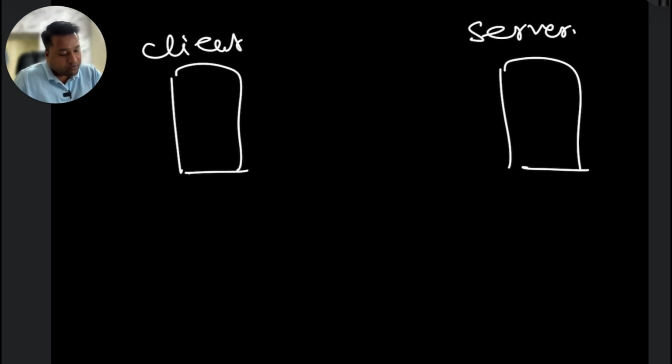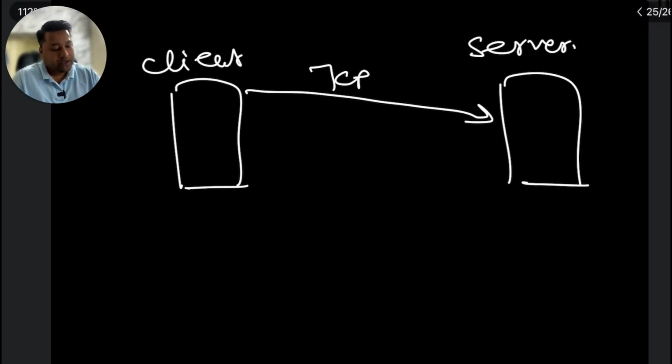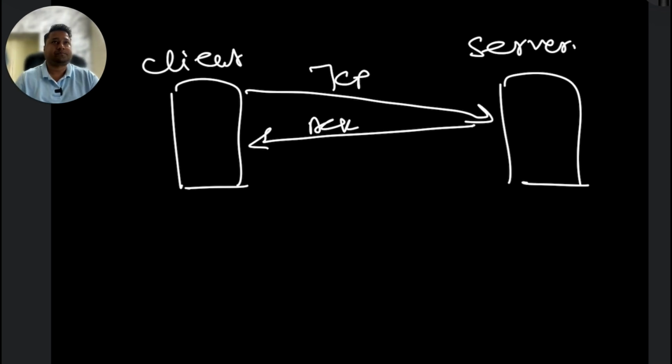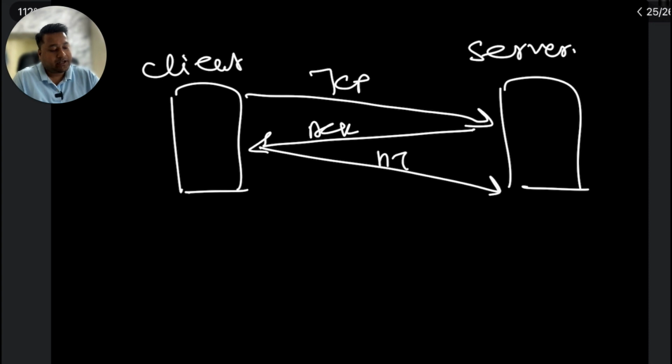The way it works is, the client first sends a TCP connection request to your server, and then the server accepts it and sends an acknowledgement. I'm not going into much depth, just giving an introduction. So it will open a TCP connection, it will say accepted, and then it will start sending your HTTP content.